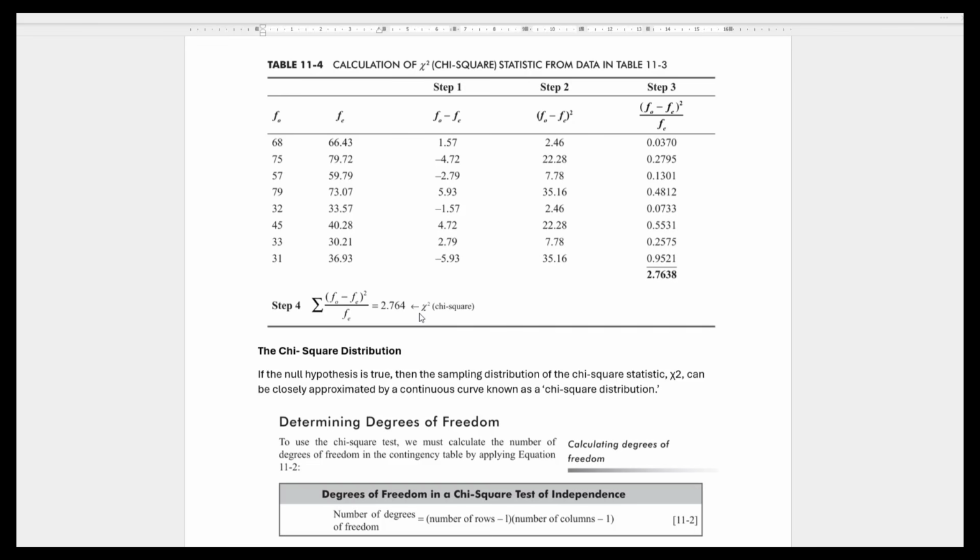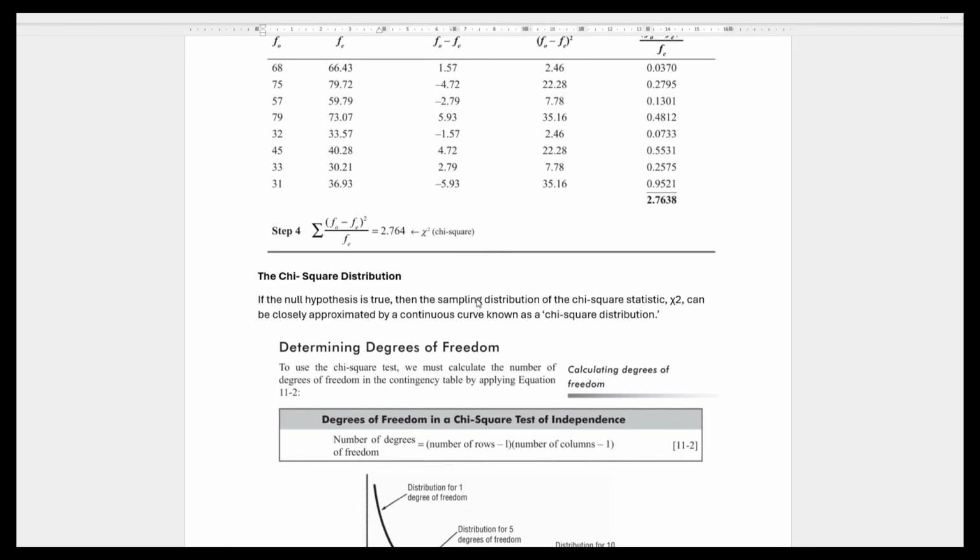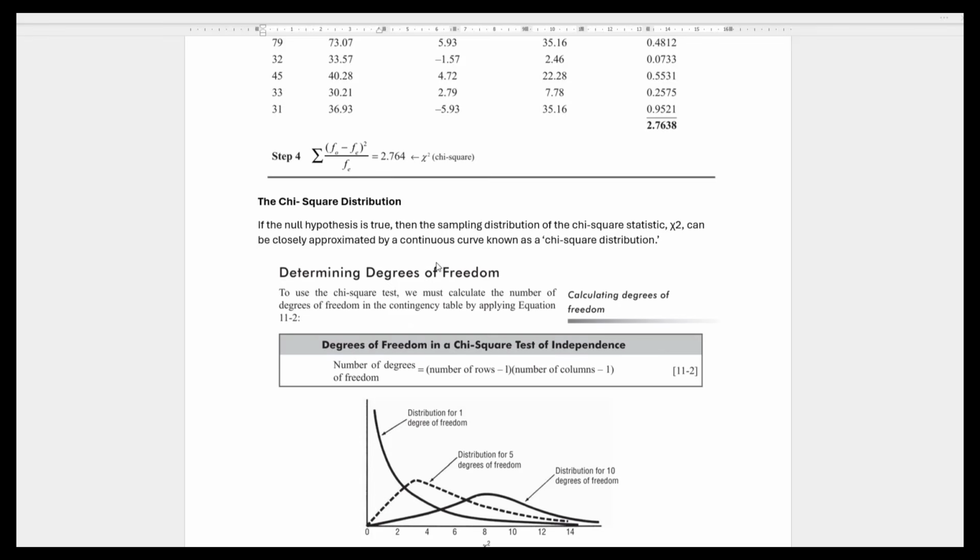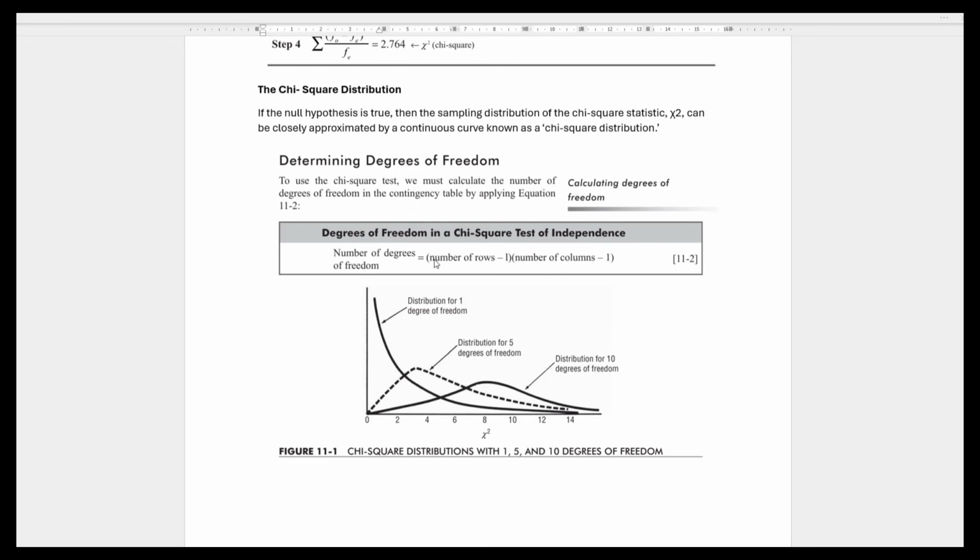Now to check the hypothesis, we have to use the table. Chi-square tables are available, where we find the critical value of chi-square, or table value, and the rejection area and acceptance area. For that we require the degrees of freedom.